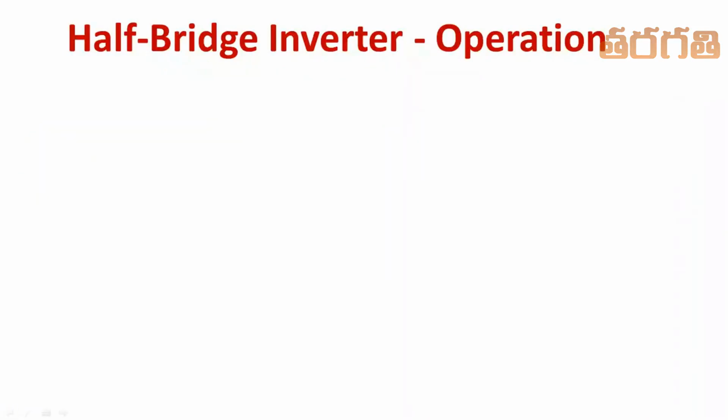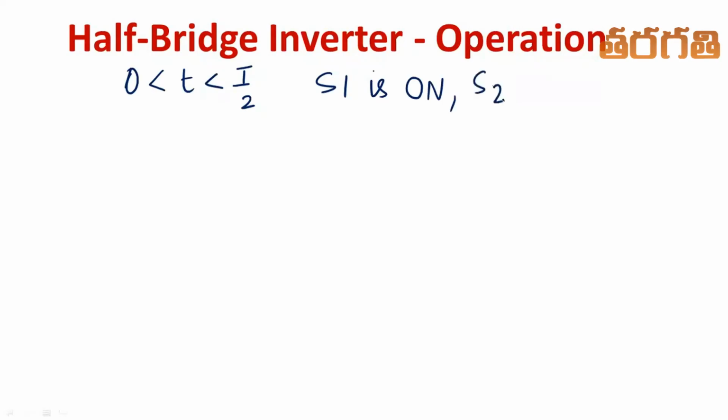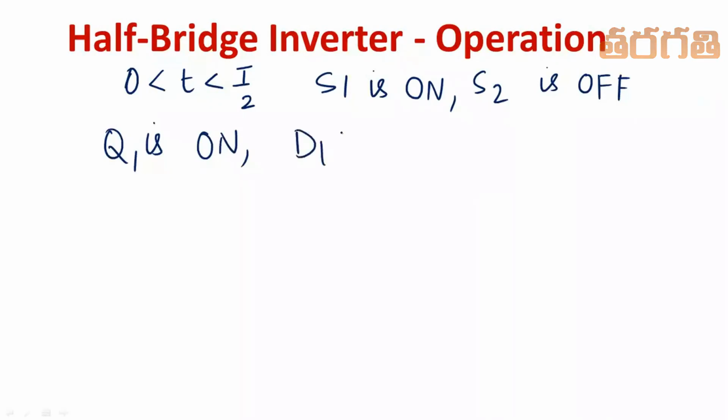Now we see the operation of the circuit. For the time interval 0 less than t less than T by 2, S1 is on and S2 is off. Because of that, Q1 is on and D1 is off.